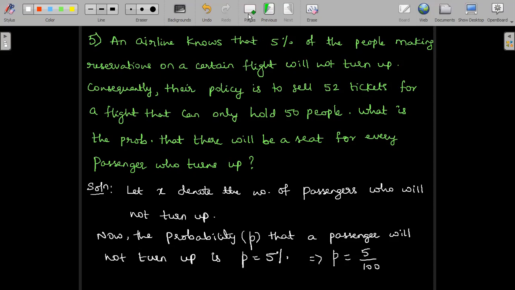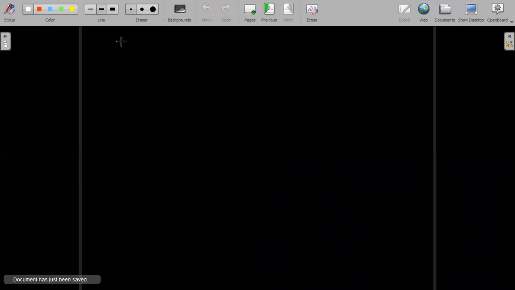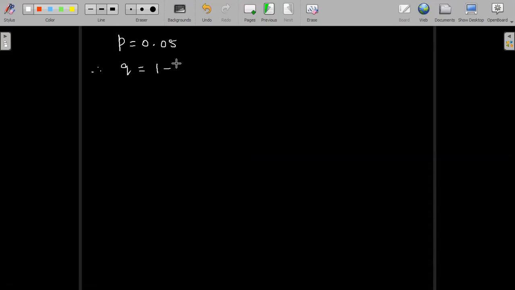So P is equal to 0.05. Hence Q also can be written as 1 minus P. So 1 minus 0.05, and hence Q is equal to 0.95.